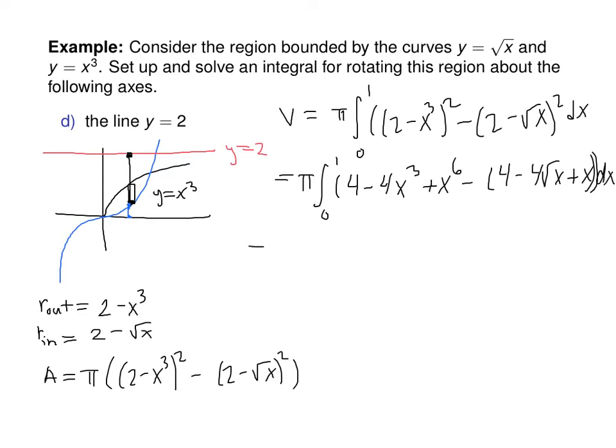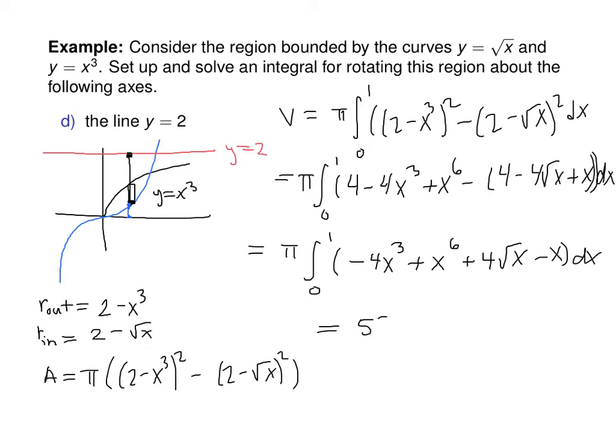And combine like terms a tad before you antidifferentiate. Pi times the integral from 0 to 1, we'll say negative 4x cubed plus x to the 6th plus 4 root x minus x dx. And once you work out all the details, you should get 55 pi over 42.